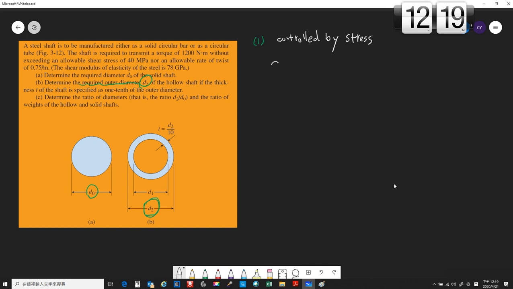The power allowable is equal to T times r divided by IP. And you will get T and D2 divided by 2 and IP.